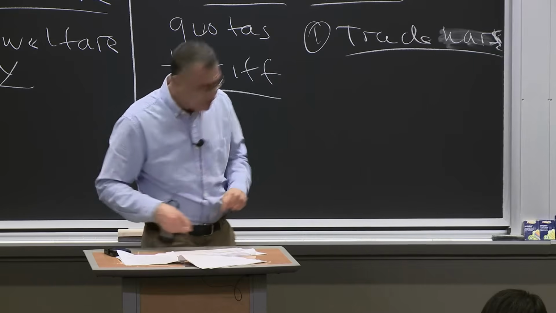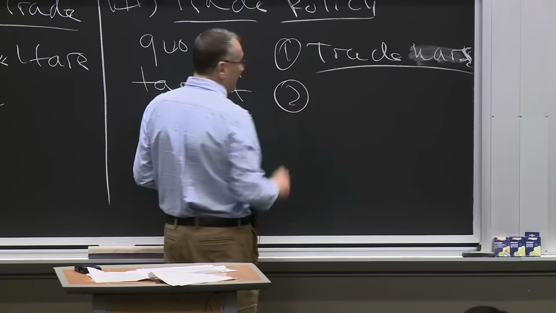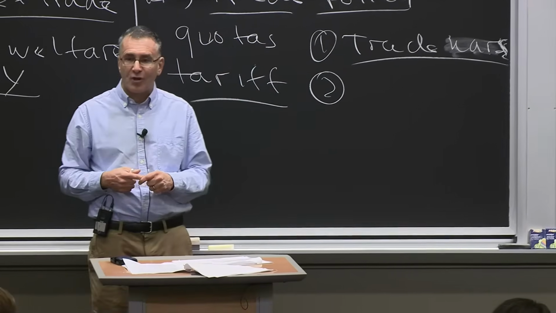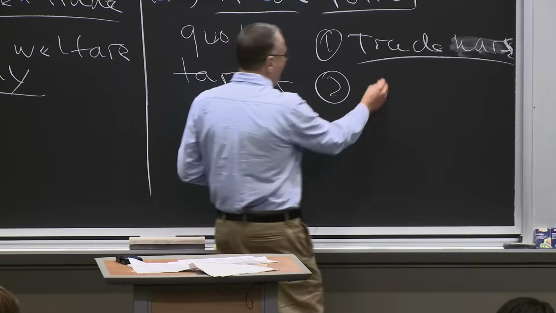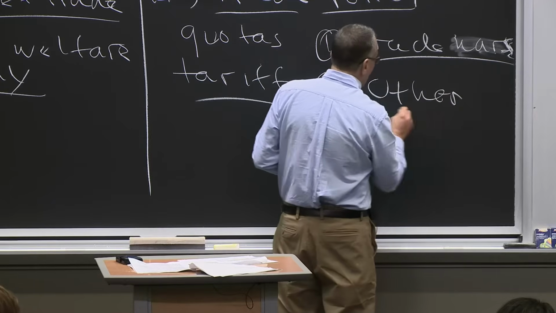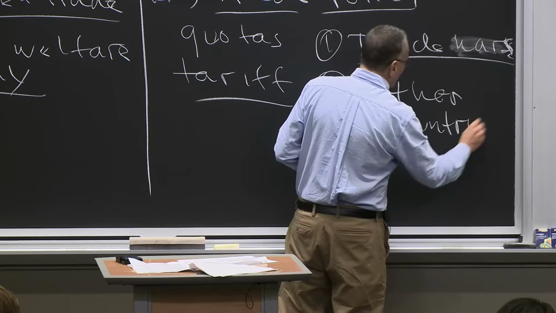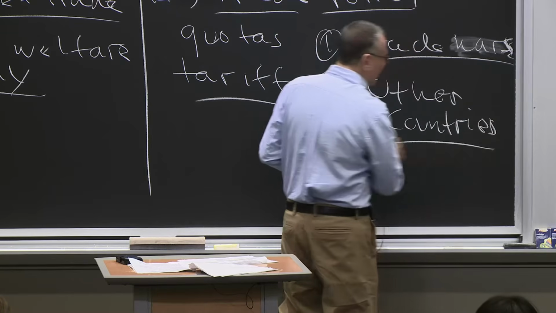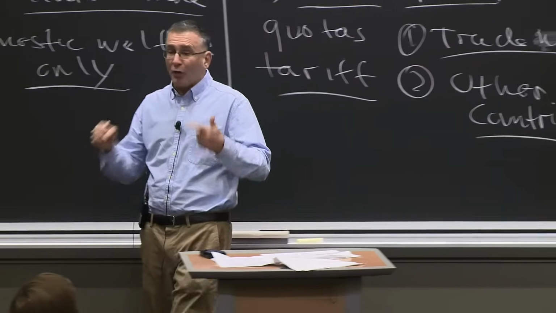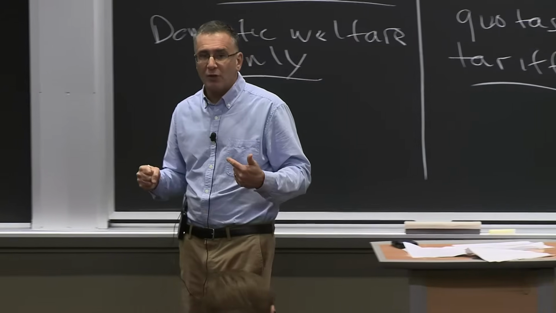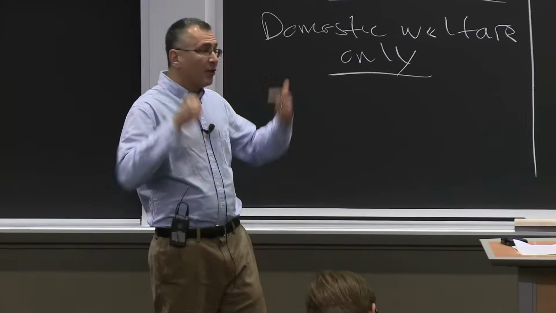The second reason is that, as decent human beings, we might care about people in other countries too. And the fact is that both import restrictions and trade wars hurt other countries just like they hurt us. So not only are we worse off, but other countries are worse off.